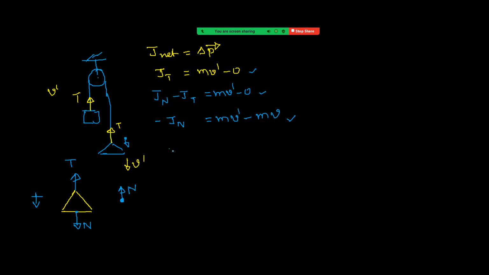So what is left is 0 equals 3 m v dash minus m v. That implies v dash equals v by 3. So like this, we can use the momentum impulse theorem while solving problems.